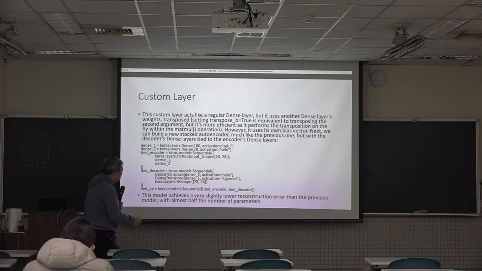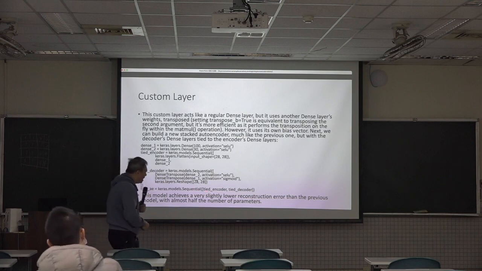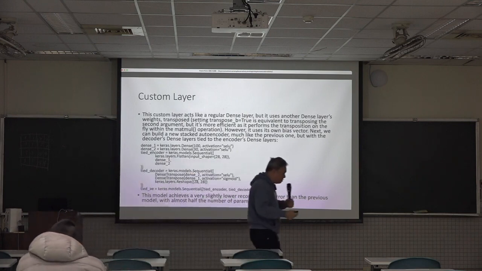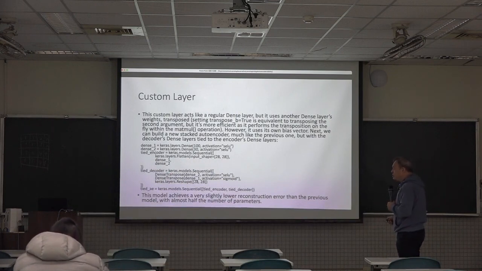Here we use sigmoid as the output because this is going to be the output layer. Then we reshape it to 28 by 28, and that's it. So you can see we still put the encoder and decoder together to make a tied autoencoder, and then you can train it just like the previous version.